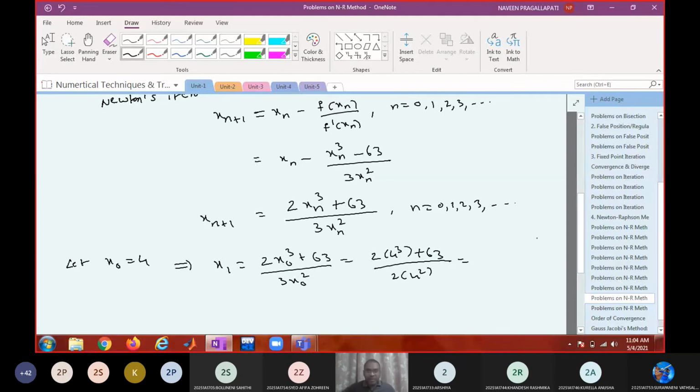Fix the number of decimals to 5 in your calculator when you are doing the Newton-Raphson method. And tell me this value.